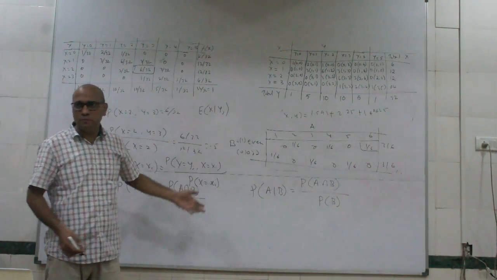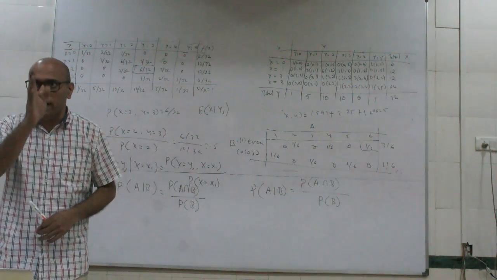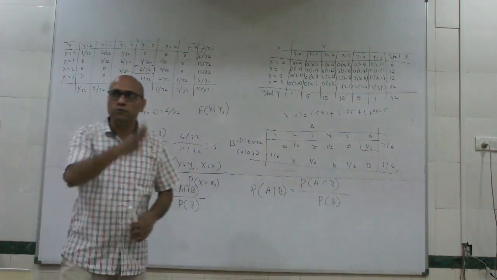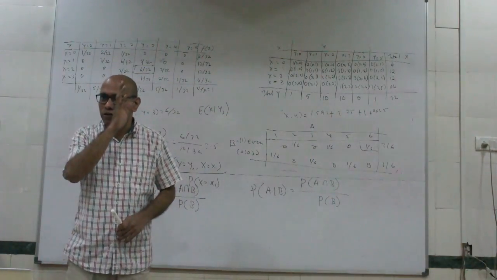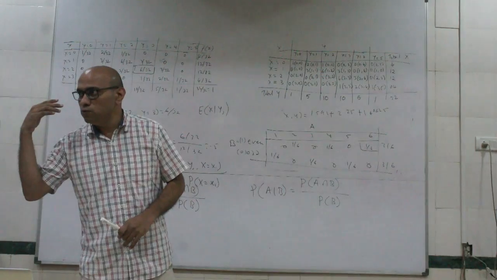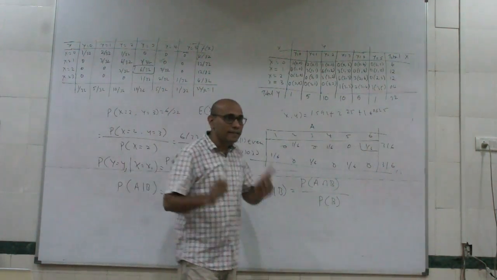So I need the expectation of X given Y is equal to 0, expectation of X given Y is equal to 1, expectation of X given Y is equal to 2. This is called conditional expectation.